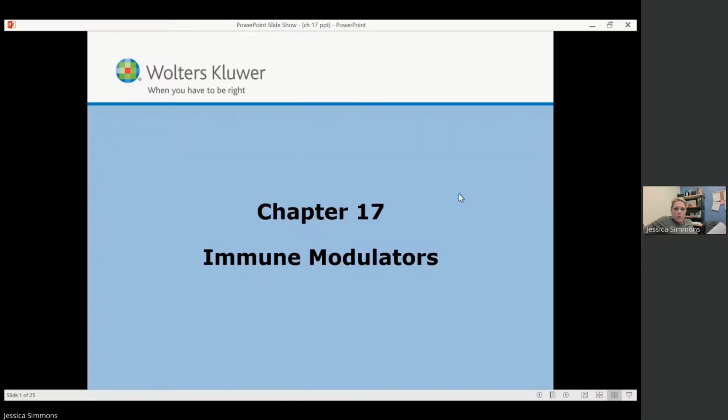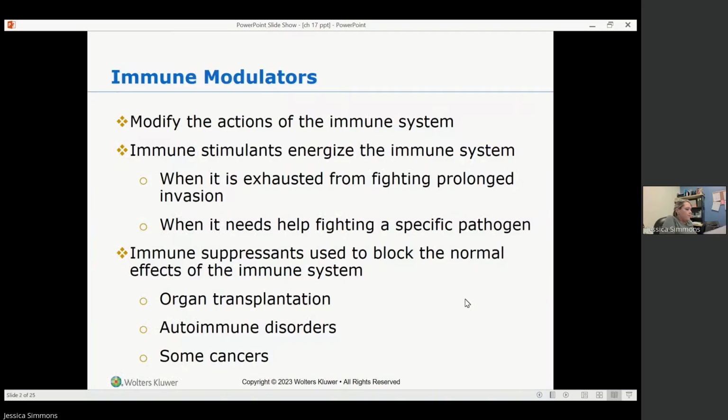Okay, chapter 17. Immune modulators. Immune modulators modify the actions of the immune system.